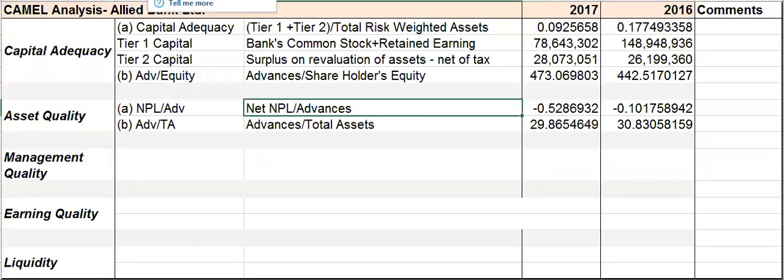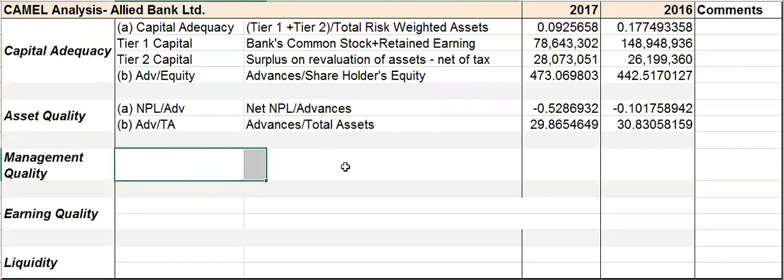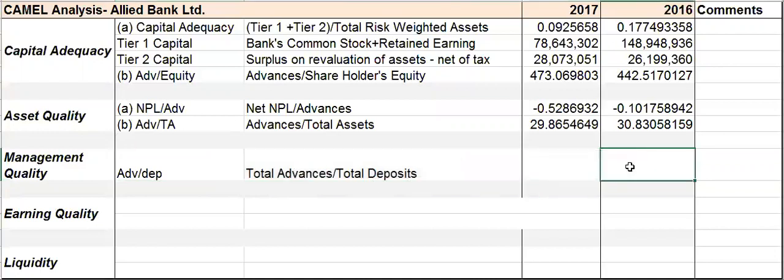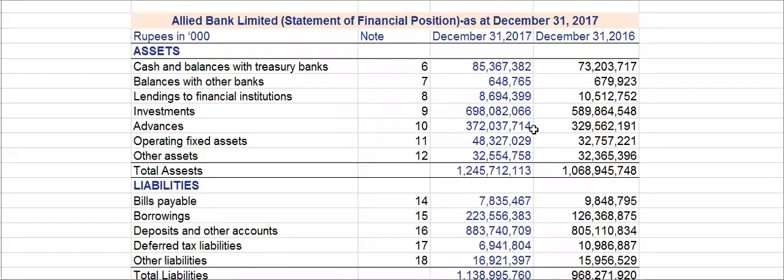Now we move toward the other category of CAMEL ratios, which is management quality. We can assess the management quality with the help of the advances over total deposits ratio, and we can calculate it by dividing advances by total deposits. We will go to the balance sheet.